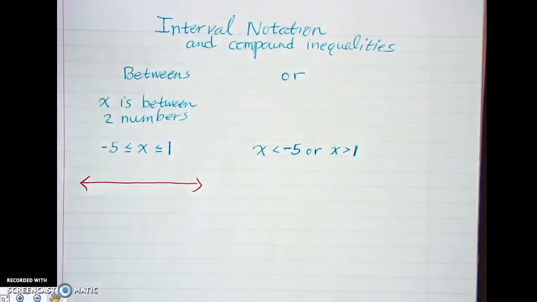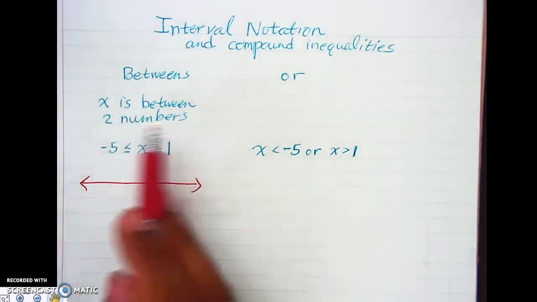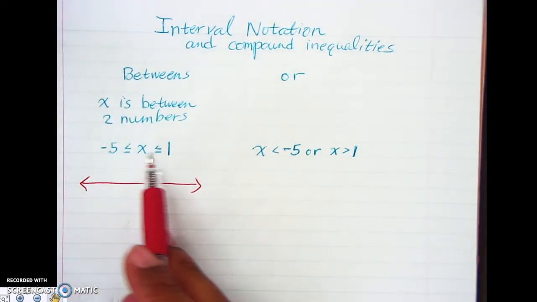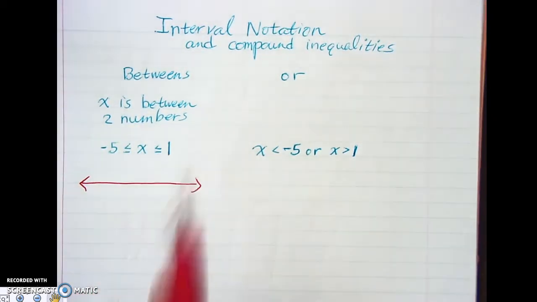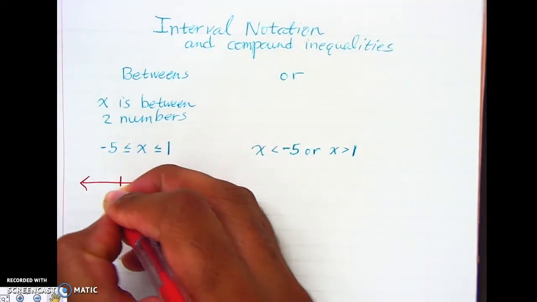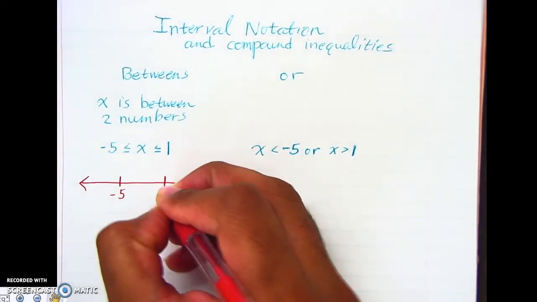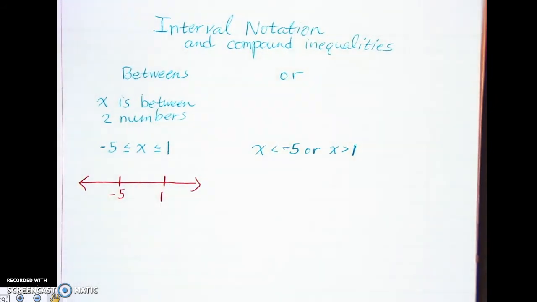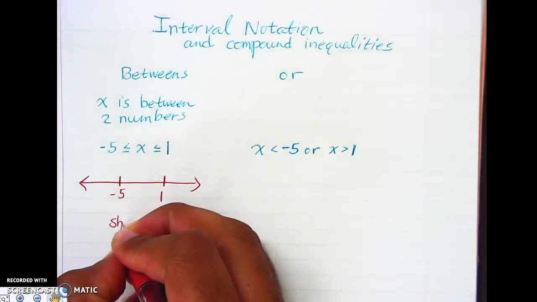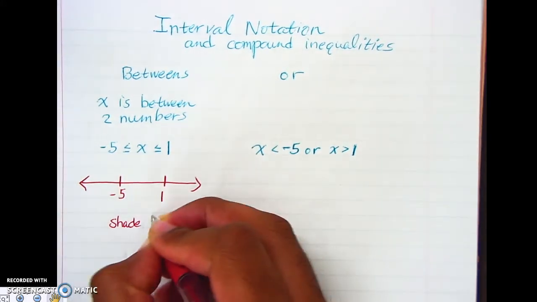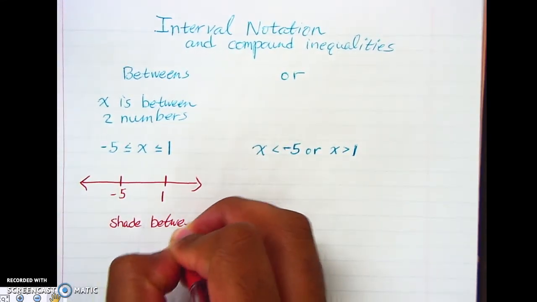Now we said that x is between two numbers, and here x is going to be between -5 and 1. So on a number line, we're going to put down -5. We're going to put 1 here. And since x is between those, we're going to shade between, which makes sense.